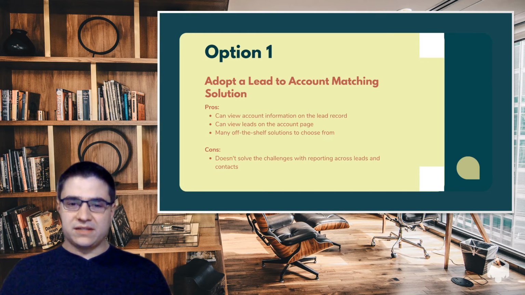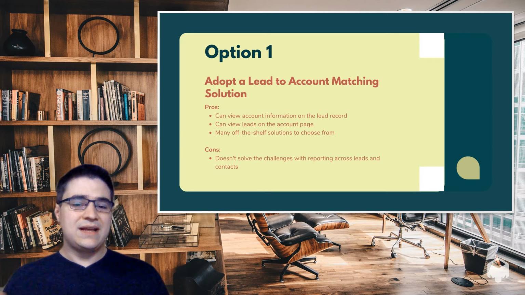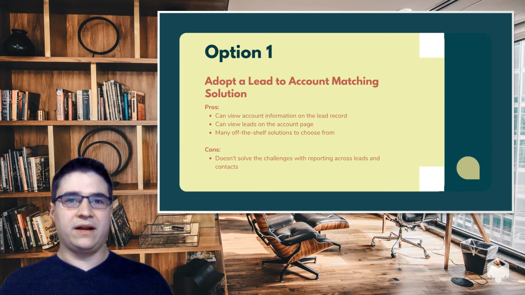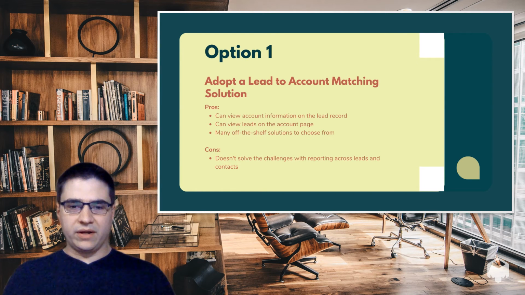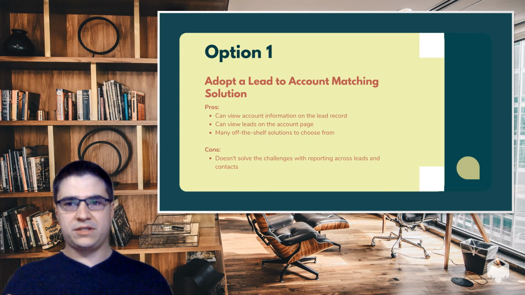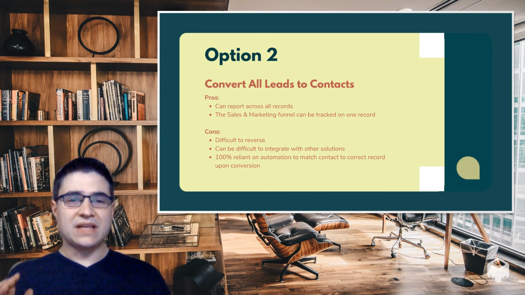So you end up solving that scenario where someone looking at the account record can actually now see both leads and contacts. The other thing that's really nice is that there are many off-the-shelf solutions that you can choose from for this scenario. One downside is this on its own doesn't really solve the issue with reporting across leads and contacts. But this additional scenario, option 2, does help solve for that.